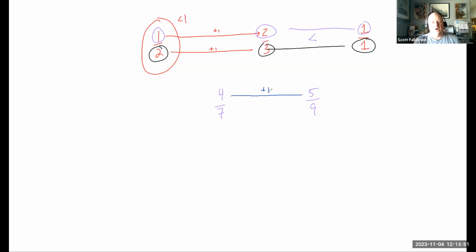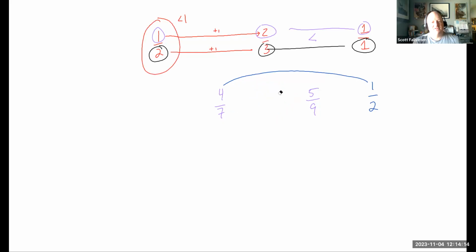See, it went up 1. The denominators went up 2. So it's like comparing this to the fraction 1/2, right? Because I took 4 plus 1, I got 5. 7 plus 2, I got 9. So now I know that the fraction 5/9 is in the middle.